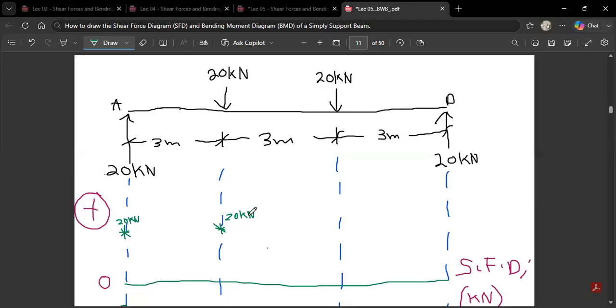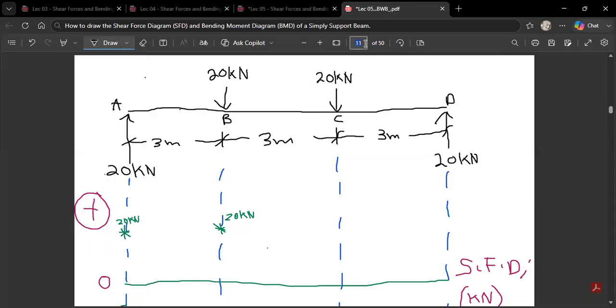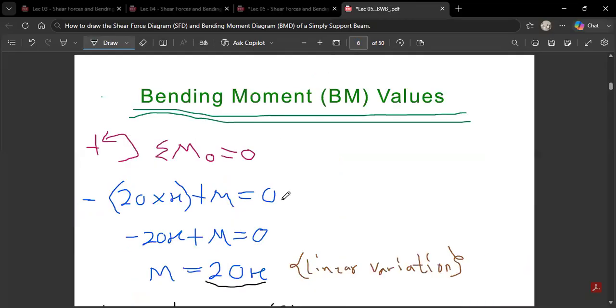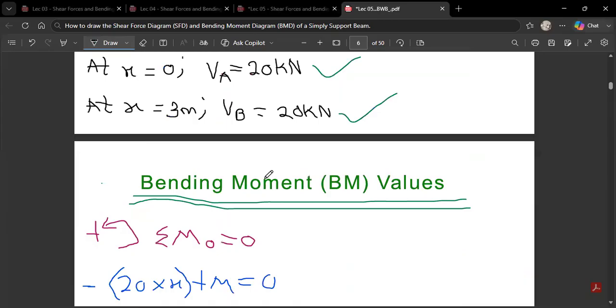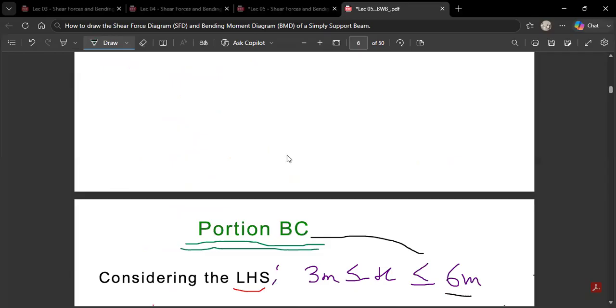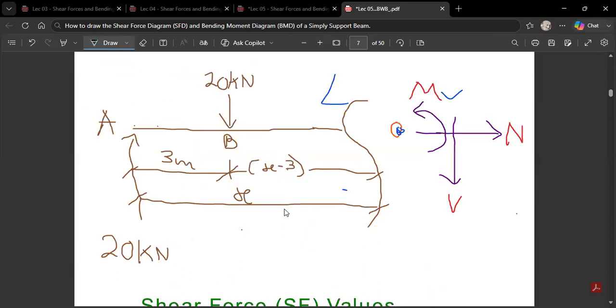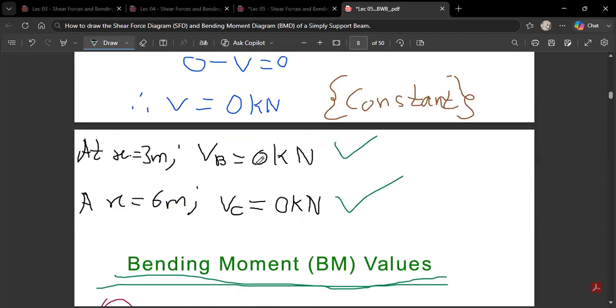When we were considering portion B, let me quickly dimension this one. This is portion B, and then this is portion C. Yes. So when we're calculating for the shear force value at C and D too, look at portion BC. If this is portion BC, the shear force value at portion BC was what? It was 0.